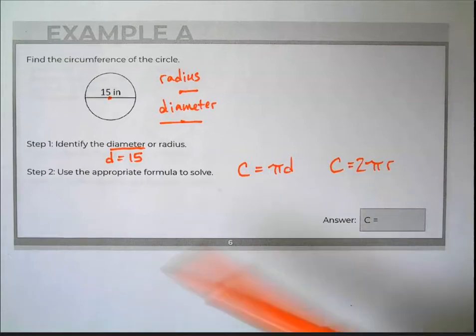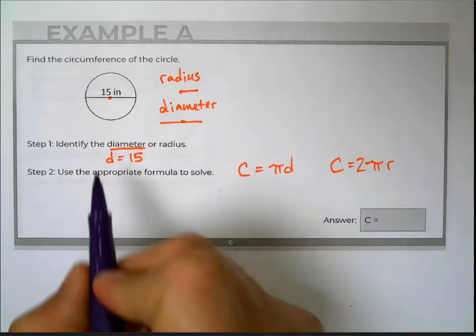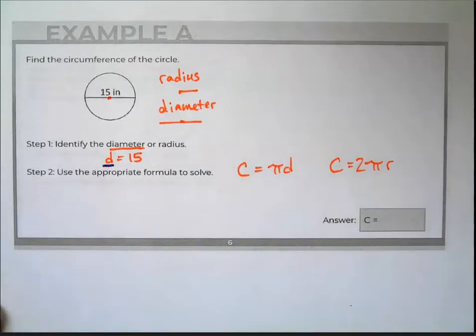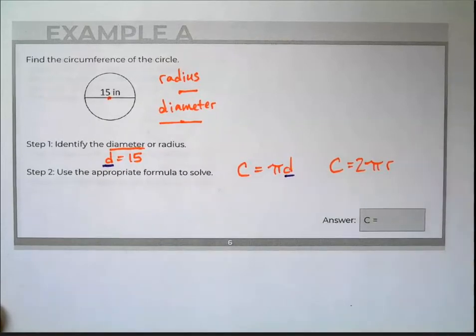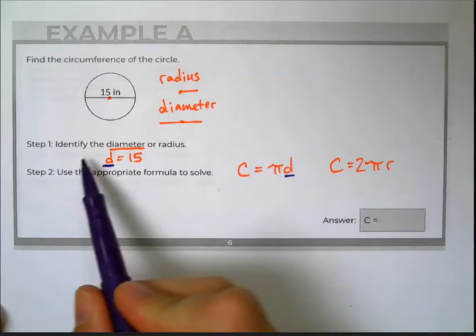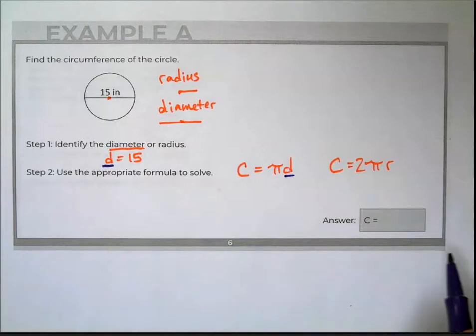Okay, so they say use the appropriate one because you need to use the one that uses the information that you're given. If they gave you the diameter, then you want to use the formula that has diameter in it. You don't want to use this because you don't know the radius. You could figure it out easily, but use the formula that has the information that you have.